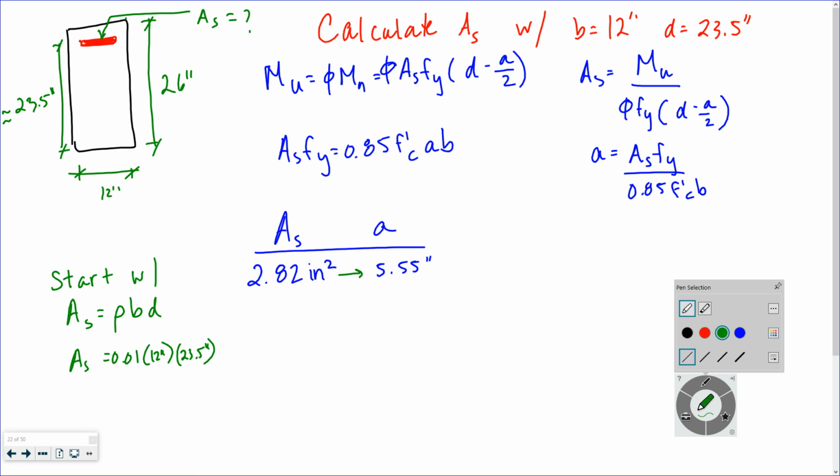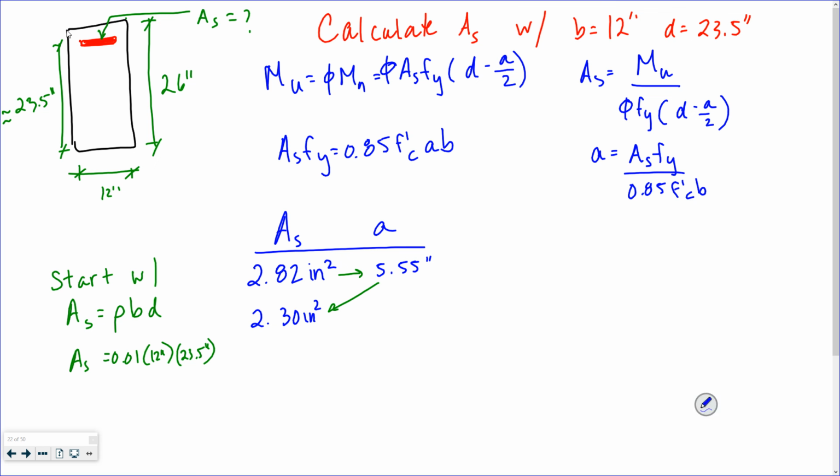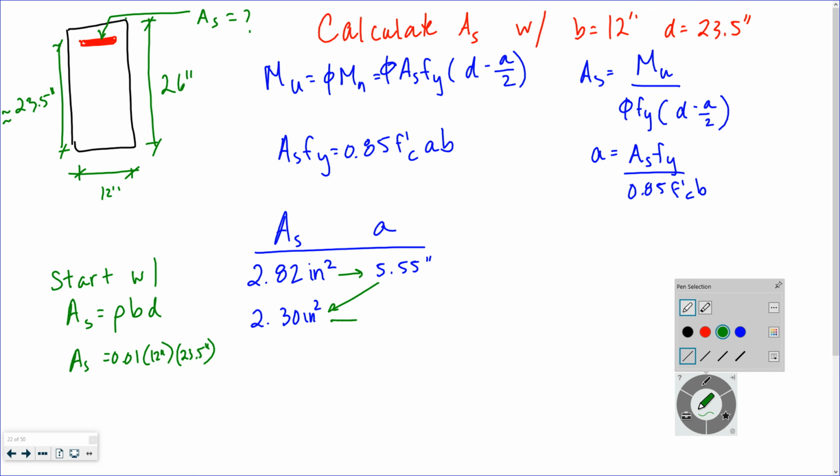If I use that value of A in the first equation for AS, I get a value of 2.3 inches squared. See, it immediately came back down. If I use 2.3 inches squared in the equation for A, I get 4.61 inches. Oopsie, it's 2.35.